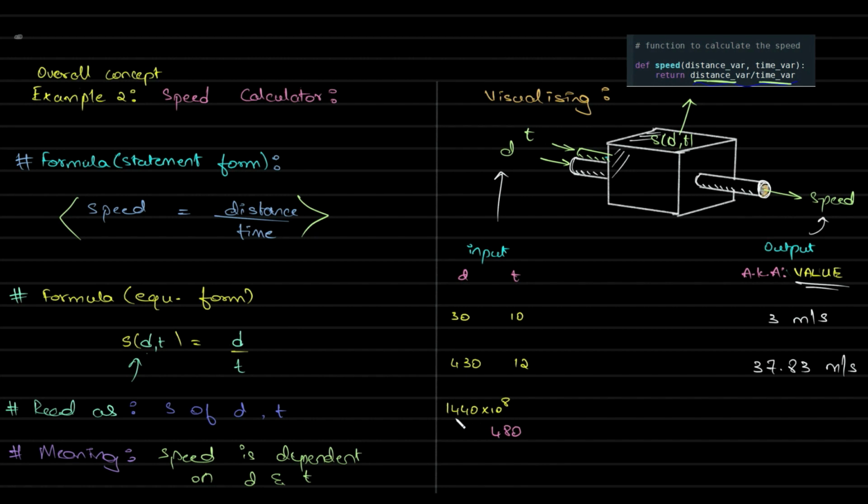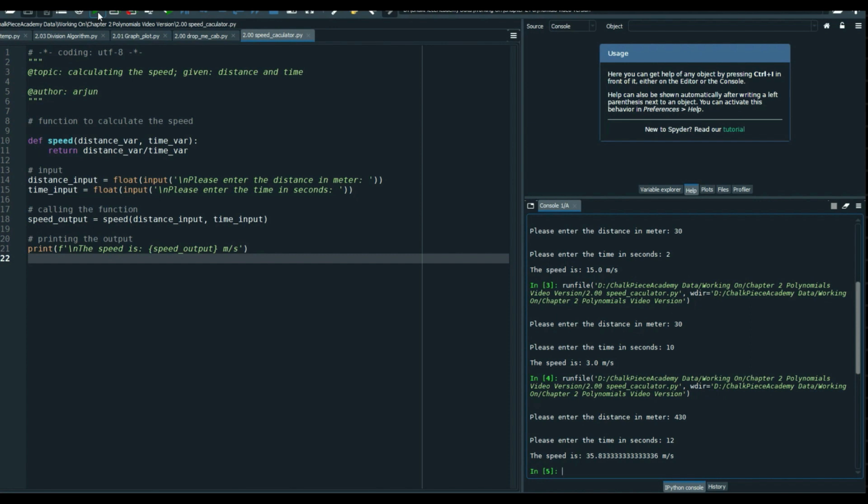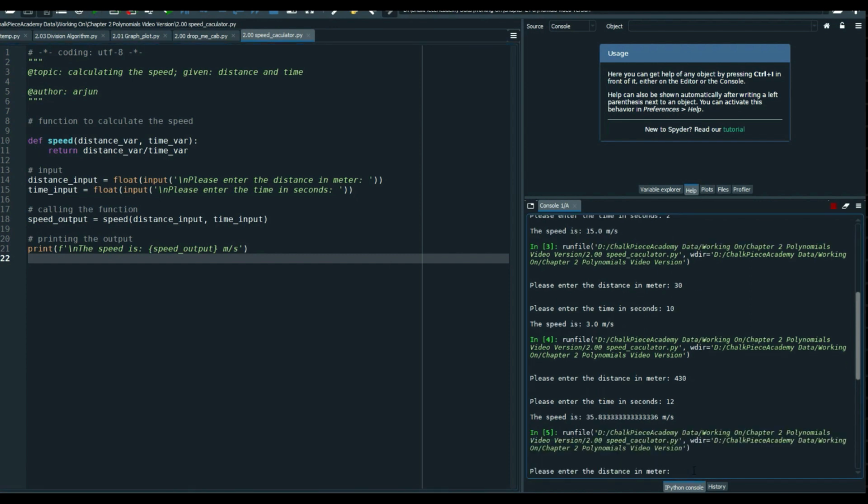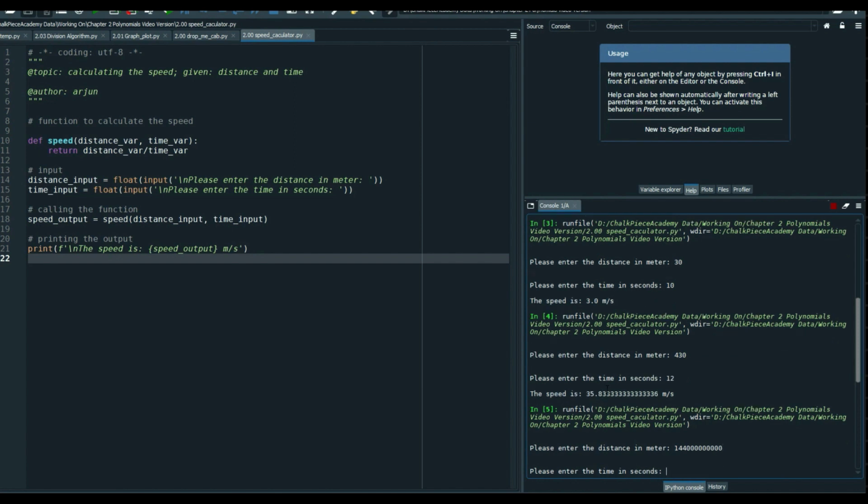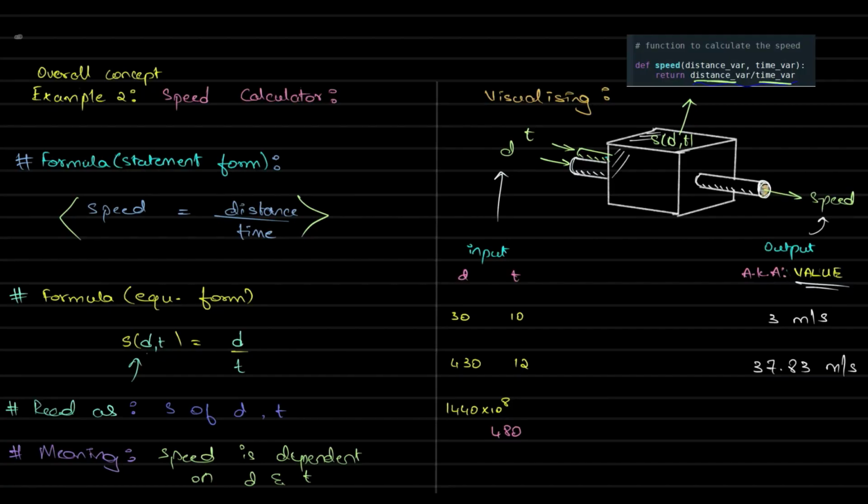Next we have 1440 into 10 to the power of 8, that is 1440 followed by 8 zeros, 1, 2, 3, 4, 5, 6, 7, 8, and the time is 480.